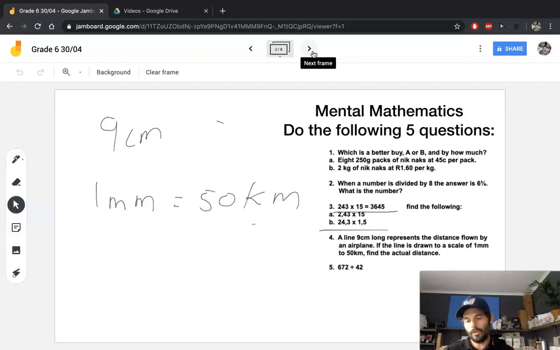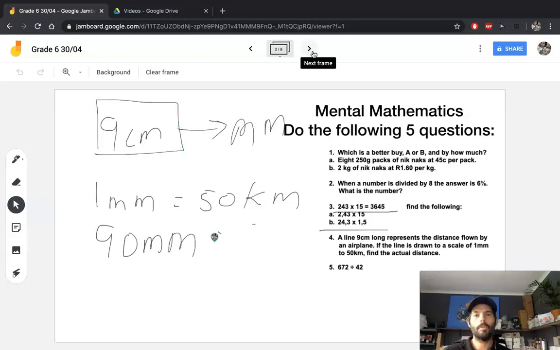So the first thing I need to do is convert the 9 centimeters into millimeters, and that's 90 millimeters. So now I must just multiply the 50 by the 90, and I get 4,500 kilometers.